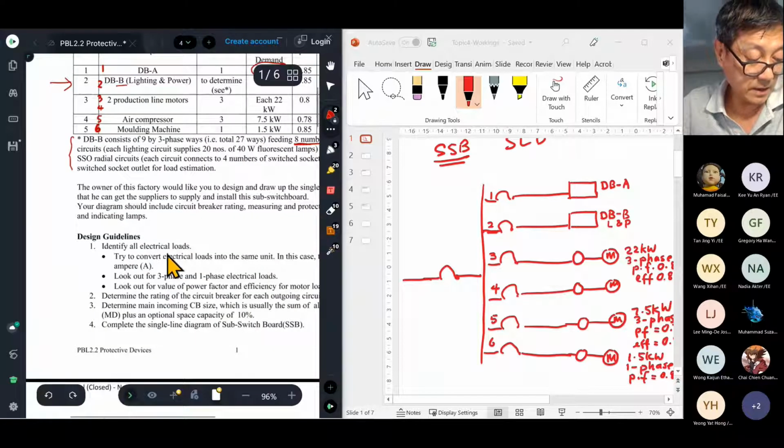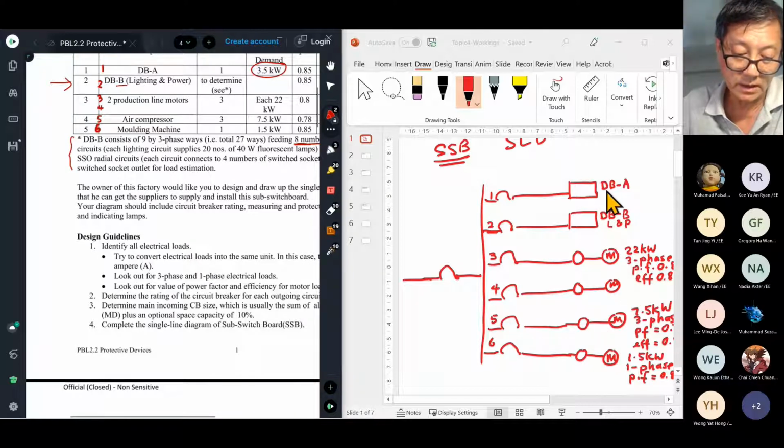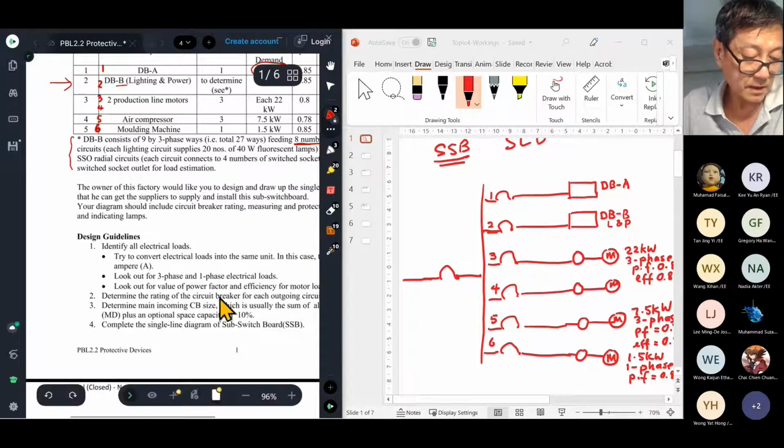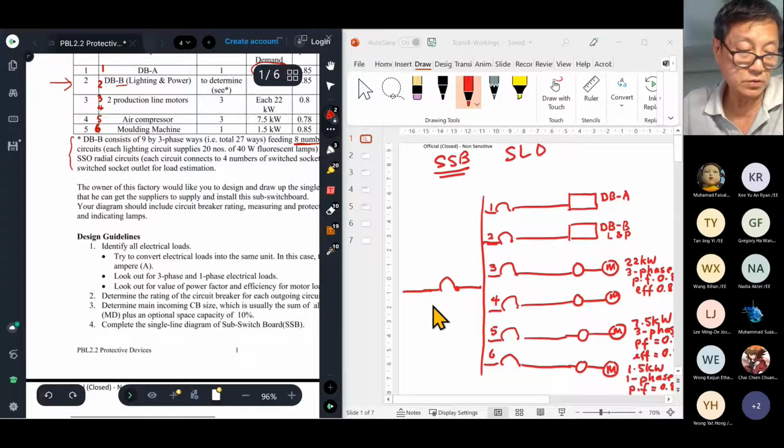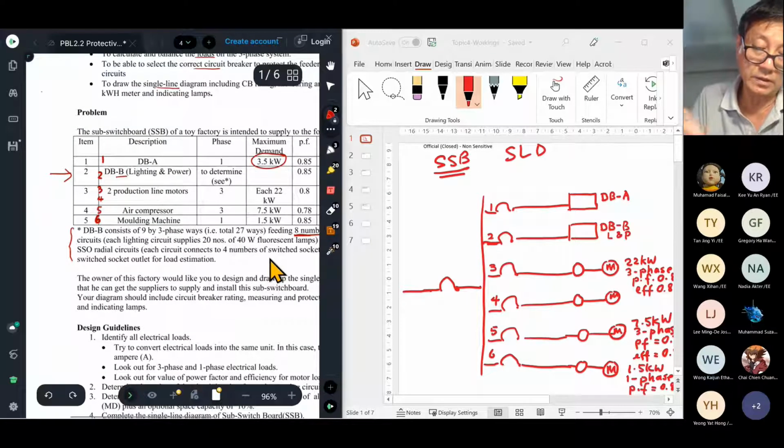The guideline given here is, first of all, I identify all electrical loads, which is what I'm doing. I list all the electrical loads here, and then I identify very clearly which are single phase and 3-phase.